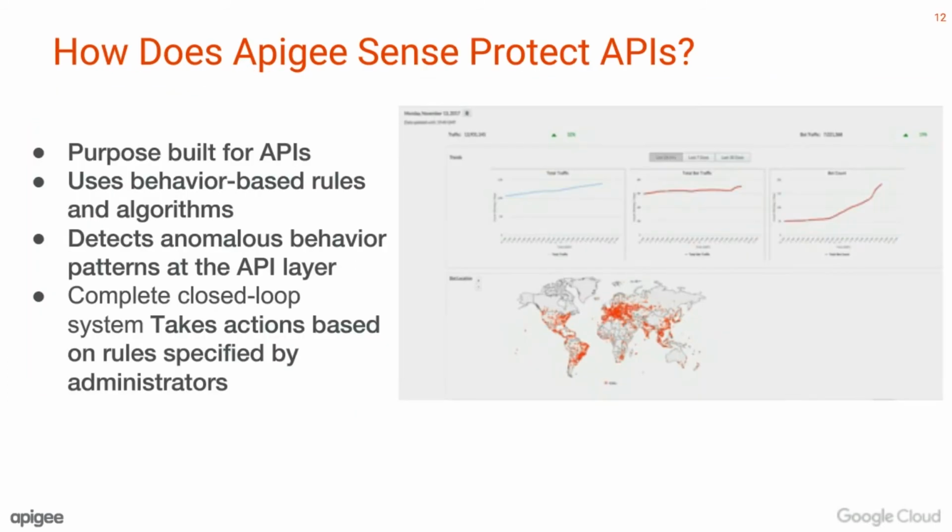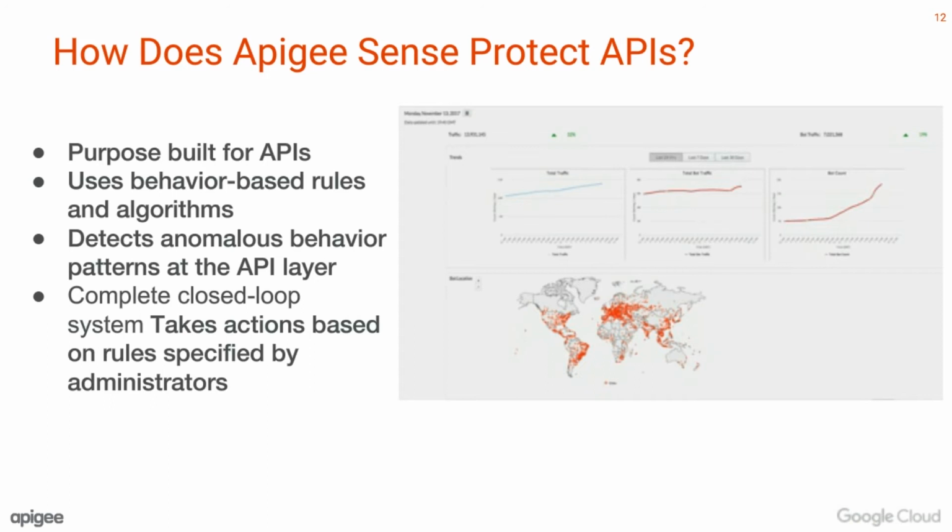It protects your APIs from bad bots by automatically identifying and alerting administrators to suspicious behaviors. Again, it's not just based on data points like an IP address. It's bad behaviors. And administrators can then take action based on those alerts so they can maintain the user experience of their clients and, of course, protect the back ends.